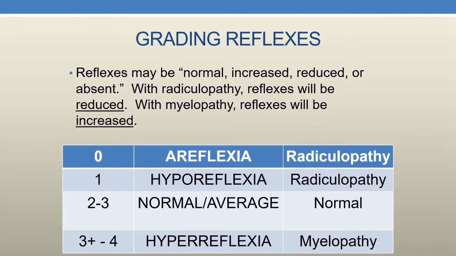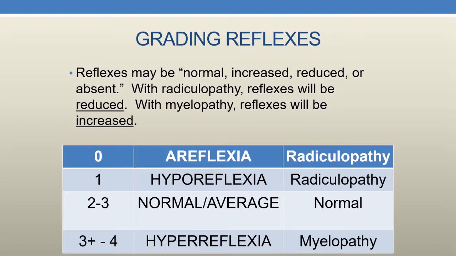Okay, so we've done our reflex testing, and we find that reflexes can be graded on a scale of 0 to 4. And according to the AMA guides, reflexes are going to present in only one of 4 different ways. They can be normal, they can be increased, they can be reduced, or they can be absent.